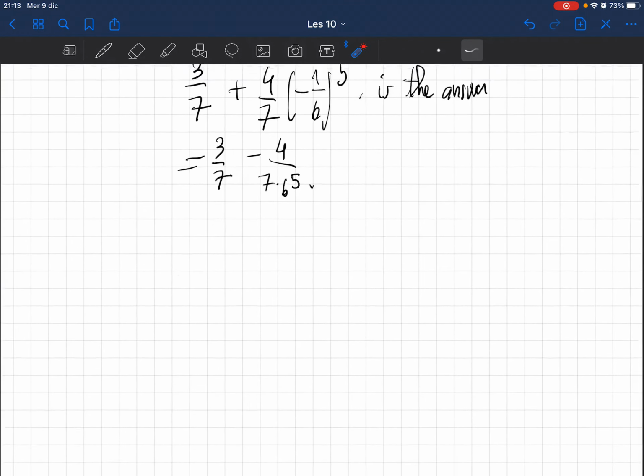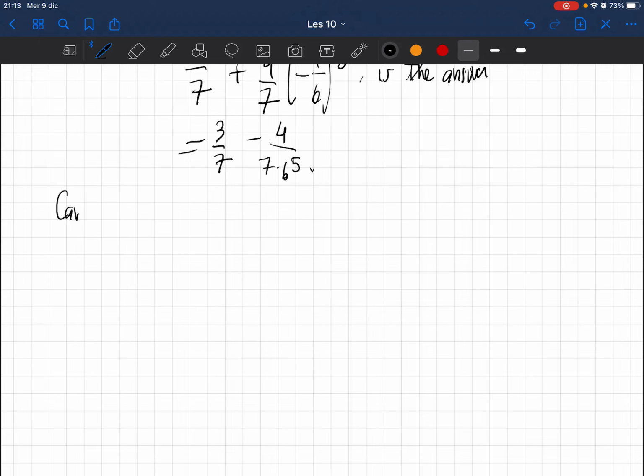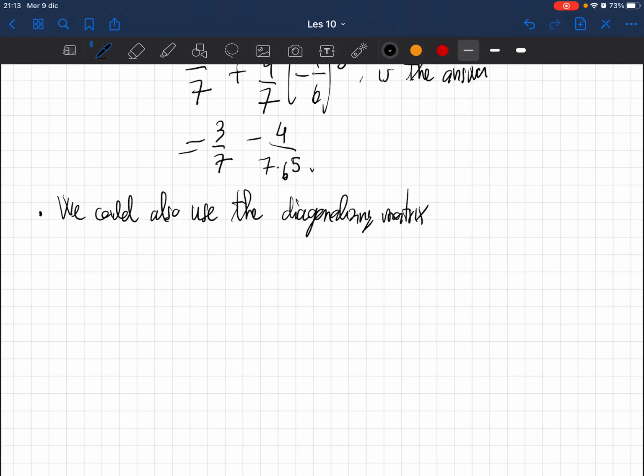Just to say, we could in principle also use the diagonalizing matrix S. So put the first 3, 4, so 1, minus 1.